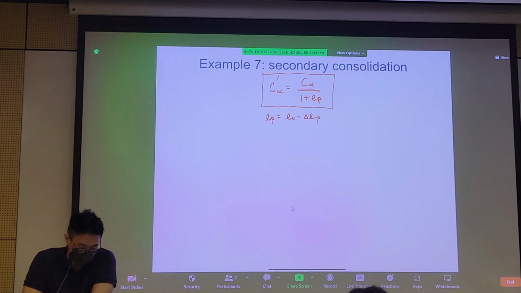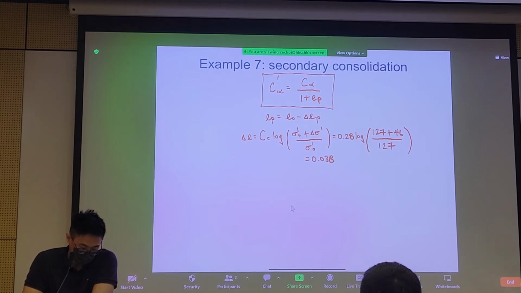And that's easy to do. We just use our Cc curve. Right? So if we restructure this equation, then we can calculate delta e. And we know delta e is 0.038.